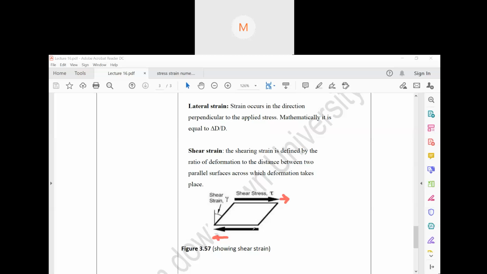There is some deformation. Once more. If you take a big book and try to move your hand in that direction, then there is one deformation taking place, right?